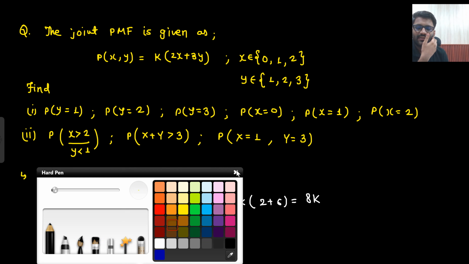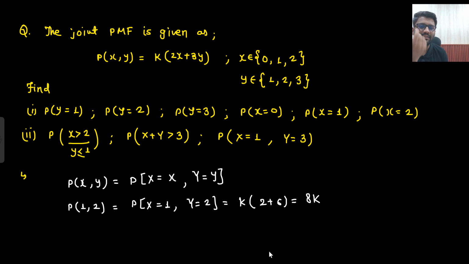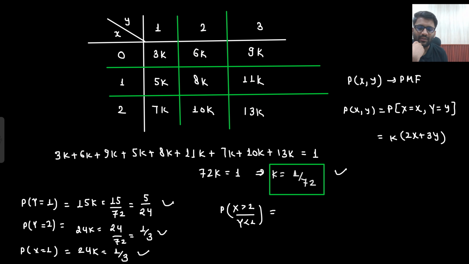So here let's change this condition, at least it will make some sense. Y should be less than or equal to 1. What does that mean? The probability of x taking a value greater than 2 intersection with y taking a value less than or equal to 1, divided by the probability of y taking a value less than or equal to 1.